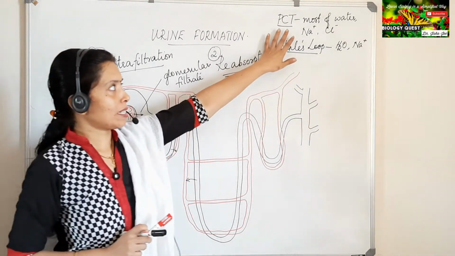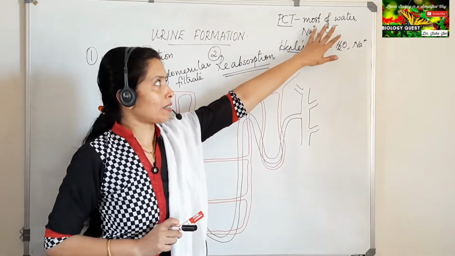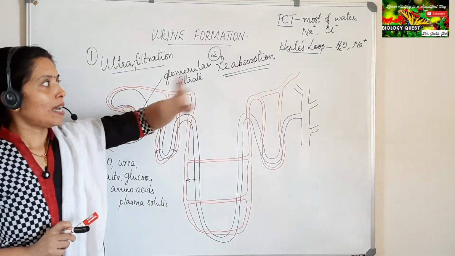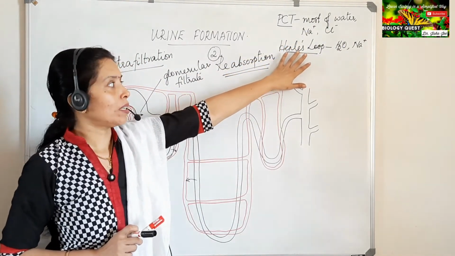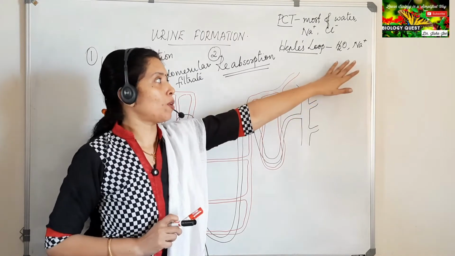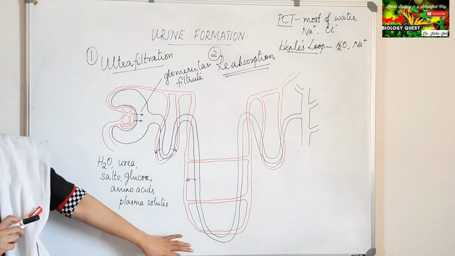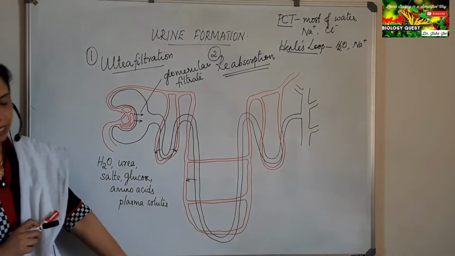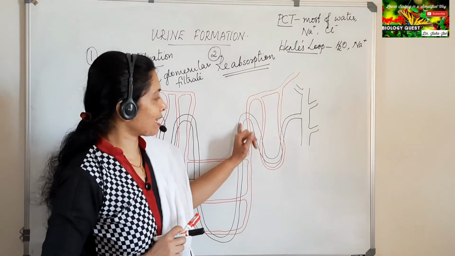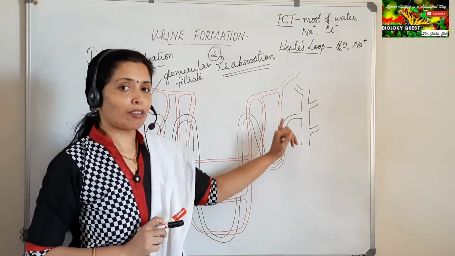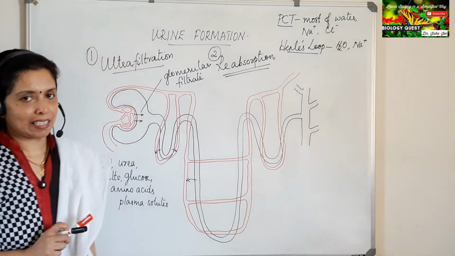So at the PCT, most of the water, sodium and chloride ions will be reabsorbed. At the loop of Henle, the remaining water and sodium ions will be reabsorbed. Now the filtrate has reached the last part of the nephron, that is the DCT.